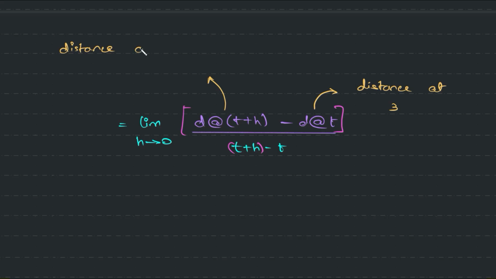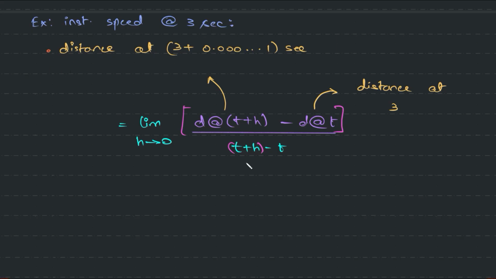Distance at 3 plus 0.000 many zeros and 1 second. So this is an example for instantaneous speed, say at 3 seconds.